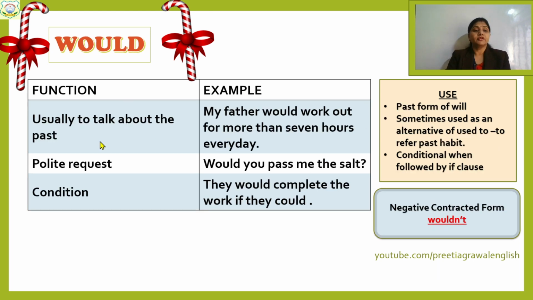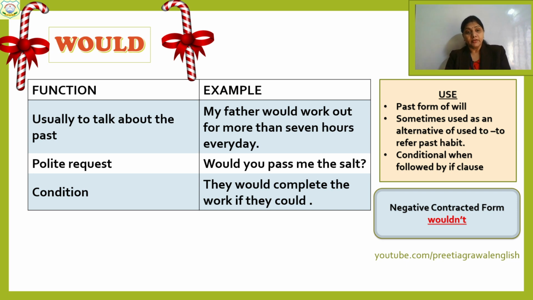Next one is would. Usually to talk about the past. And it is also used for polite requests and for conditions. Whenever we are talking about the past, my father would work out for more than 7 hours every day. It means that now father is not able to work out for more than 7 hours.